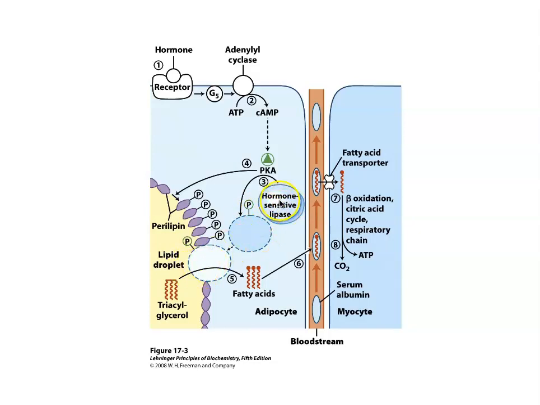At the same time, PKA phosphorylates perilipins that help the recruitment of the lipase to the droplet. The lipase now starts degrading triglycerides to free fatty acids that get exported to the blood, bound to albumin, and then delivered to the cell to be degraded for energy in the beta oxidation pathway.